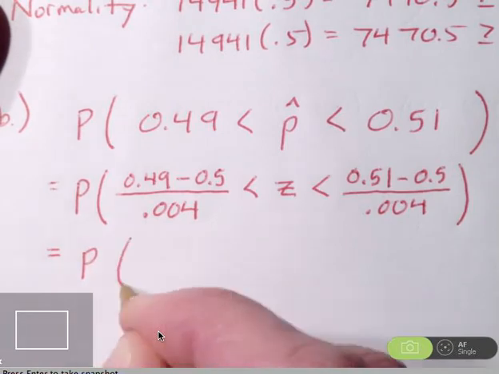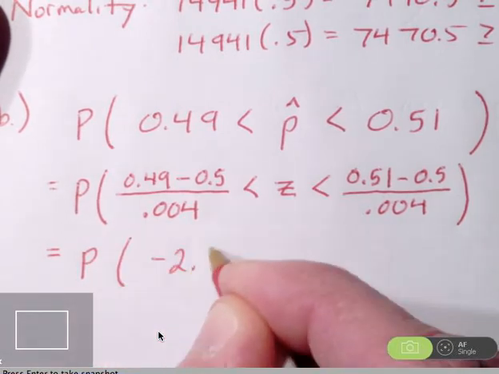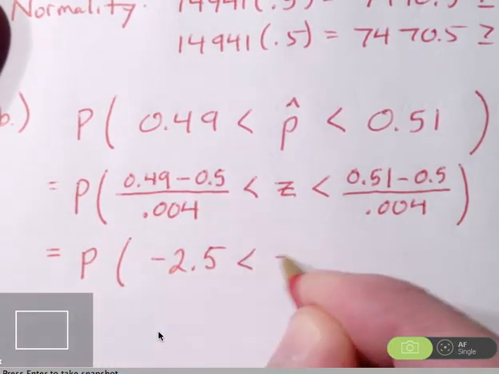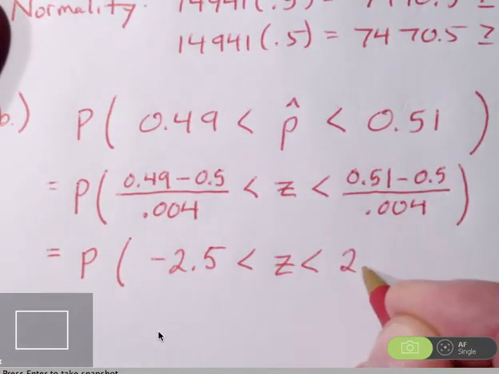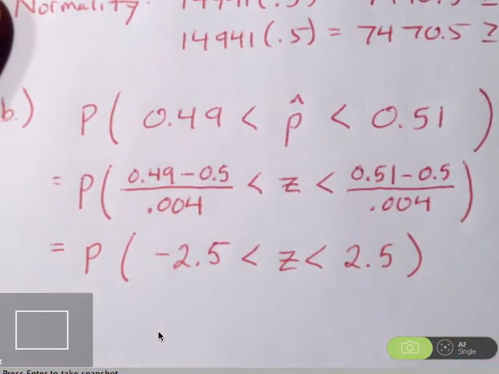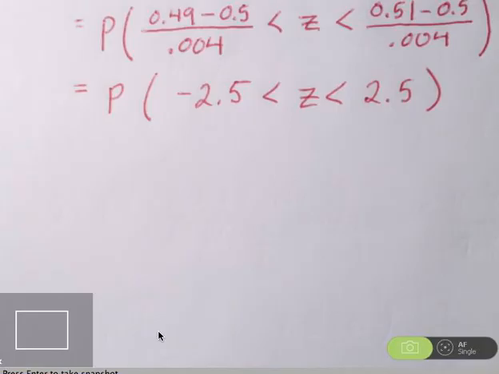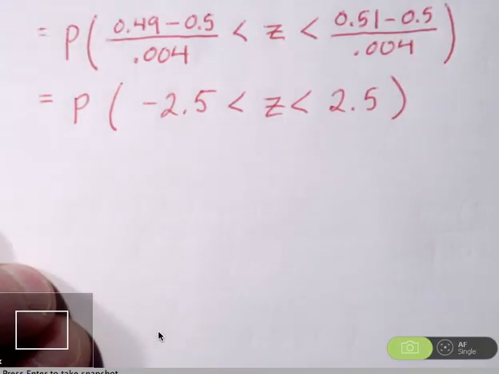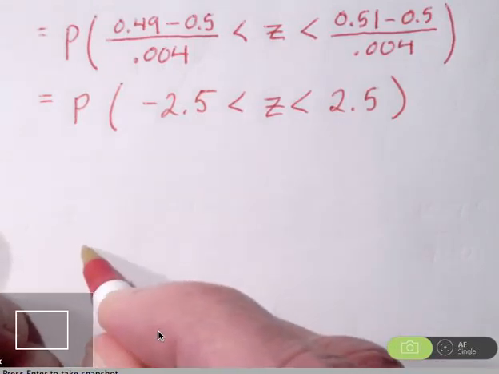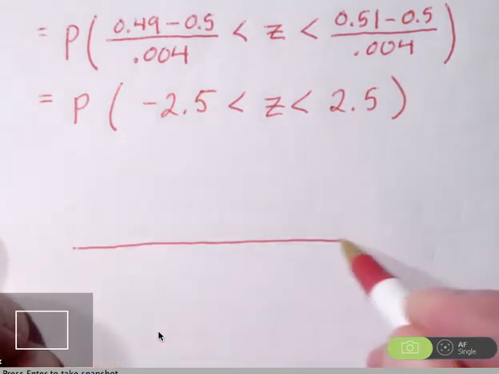We really want the probability that our z-scores are between negative 2.5 and positive 2.5. I would advise you to do that with the normal CDF command. Again, I think it's a good idea to have a picture of what's going on here, so I'm going to draw this picture in terms of z-scores.